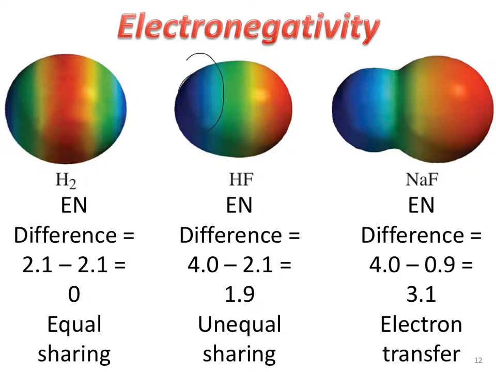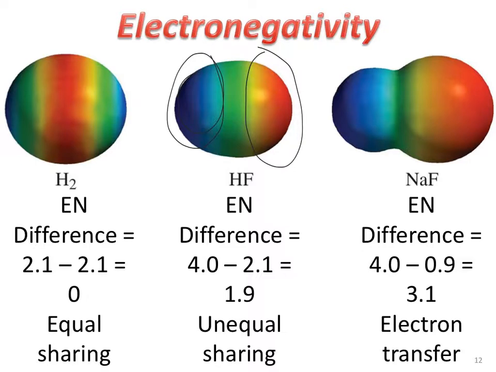The hydrogen end down here on the blue is blue because it has less of the electron density, and the red end is the higher end. It has more of the electron density on the fluorine. As a result, there is a polarity that has occurred from this unequal sharing.